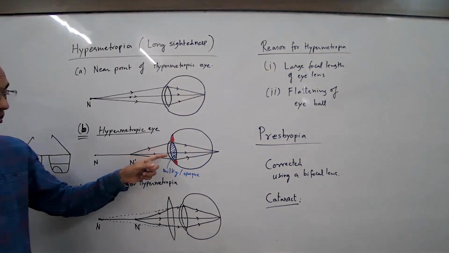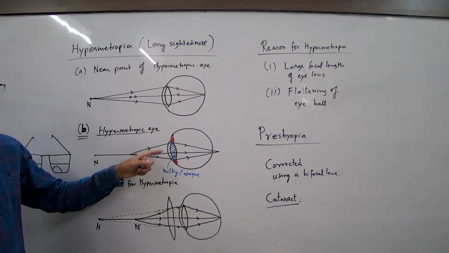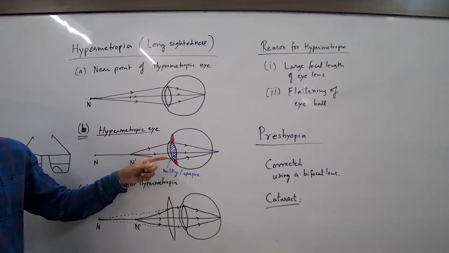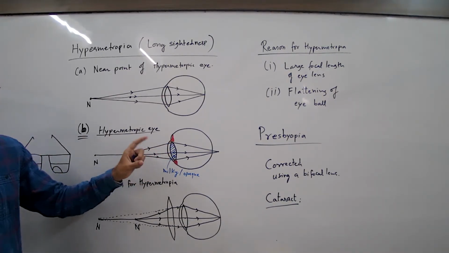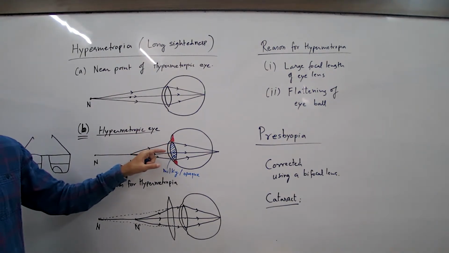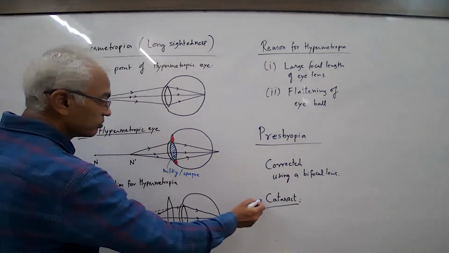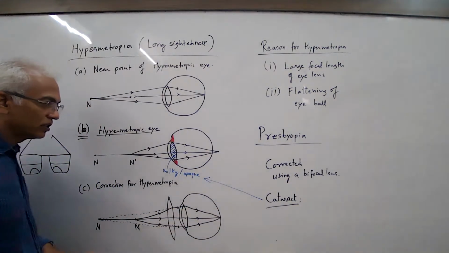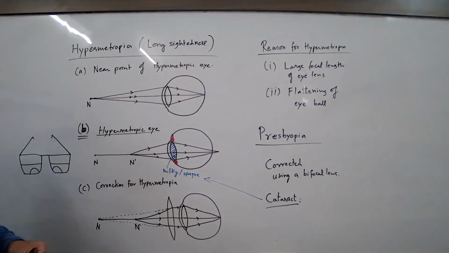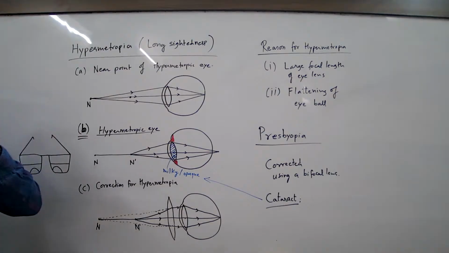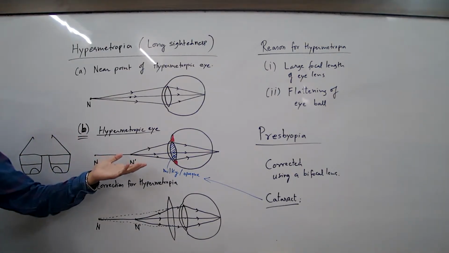Sometimes with old age, not only do the ciliary muscles become weak, the lens also becomes hard. It loses flexibility. And in case of cataract, the lens becomes milky. So what about the vision then? Blurred or no vision, right? If it is translucent, you will hardly see anything clearly.